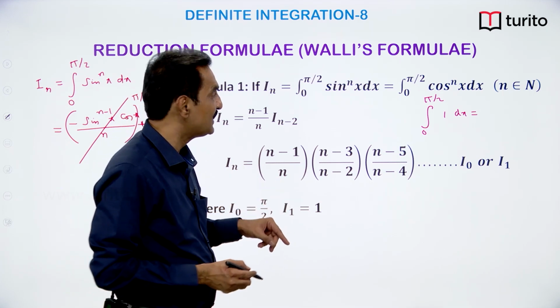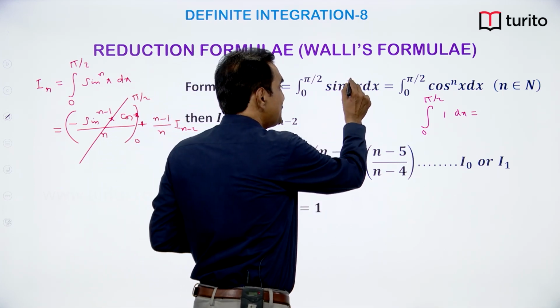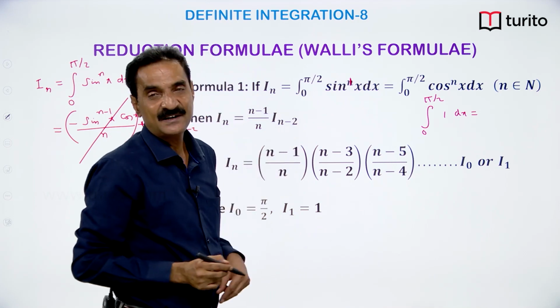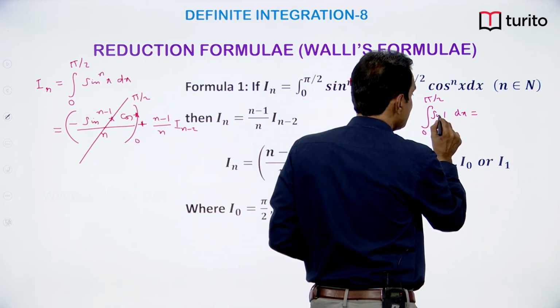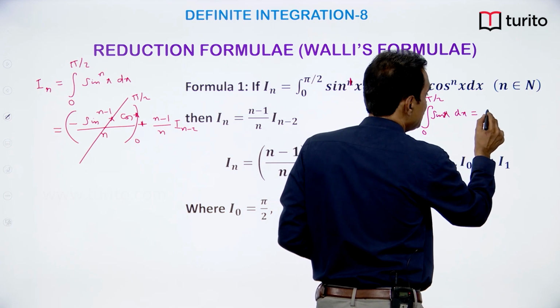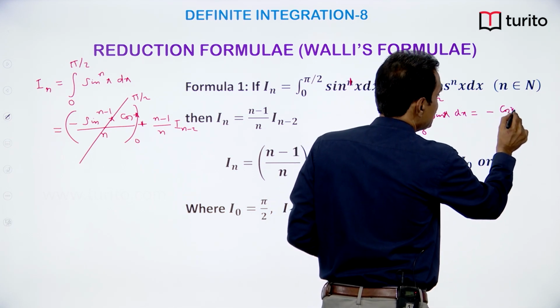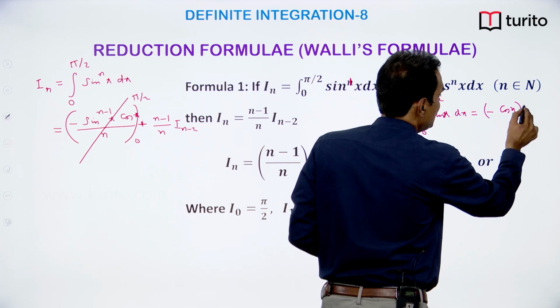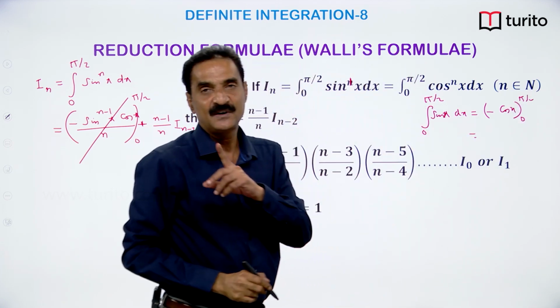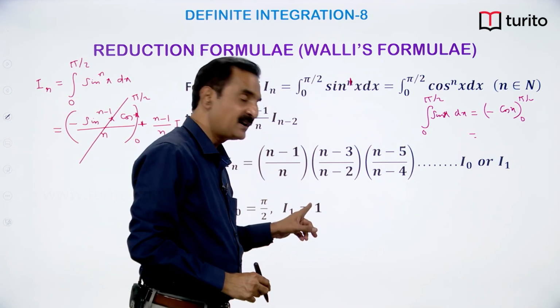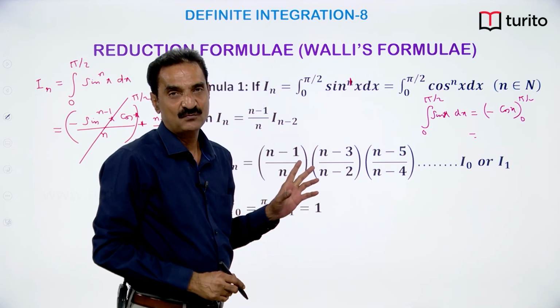Similarly, if you want I1, take n is equal to 1. What is the integral of sin x? Integral sin x dx is equal to minus cos x between limits 0 and pi by 2. Now substituting the limits, you will get 1. So whenever you get I1, you substitute the value as 1.